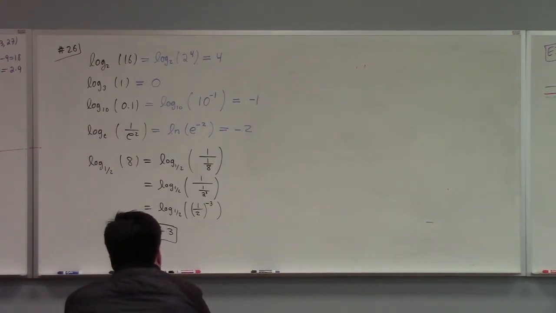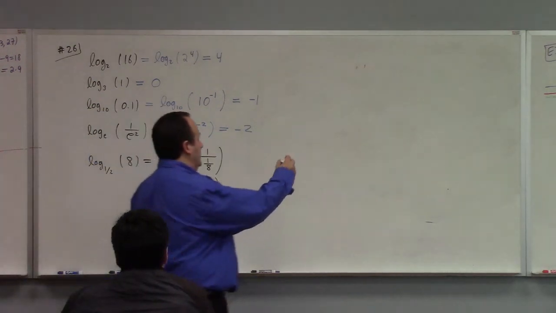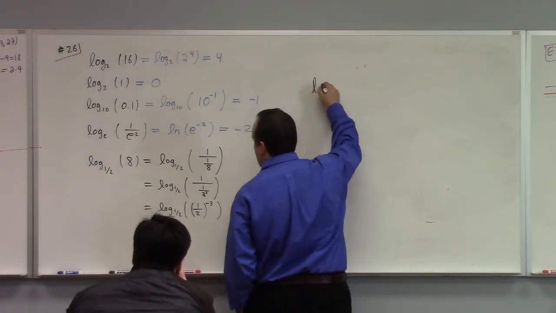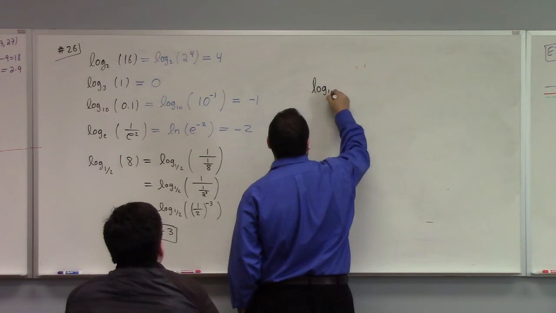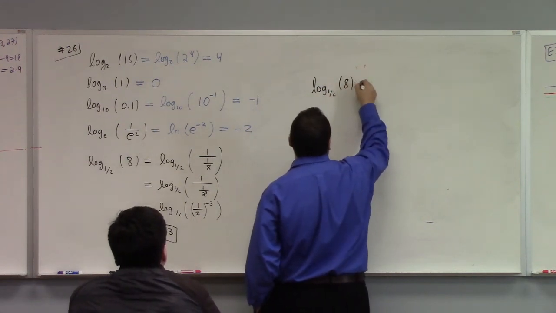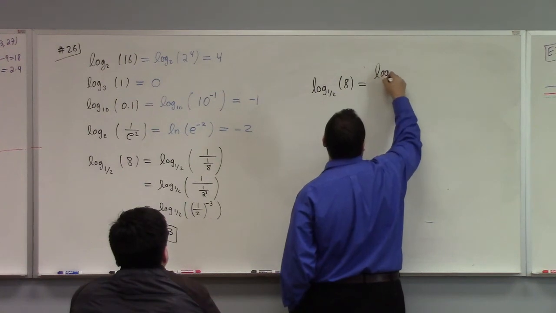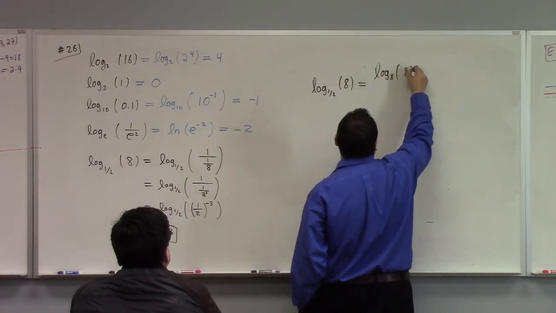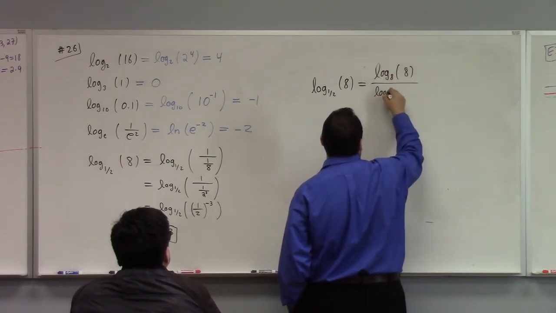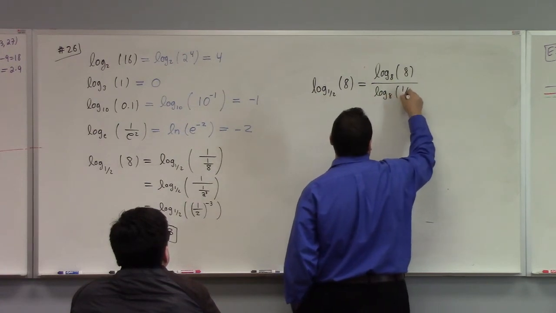Now, what if you don't want to think like that? What's another way you could do this problem? We could use the change of base formula, right? So log base 1/2 of 8, we could trade for, I don't know, log base 8 of 8 over log base 8 of 1/2.